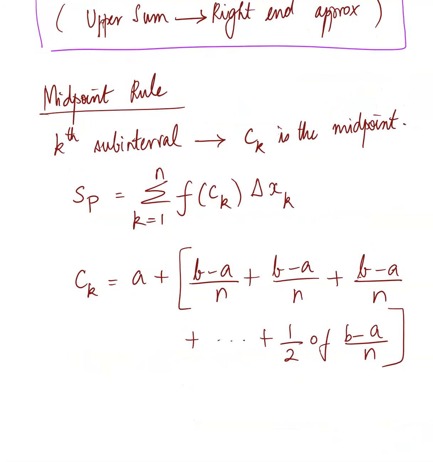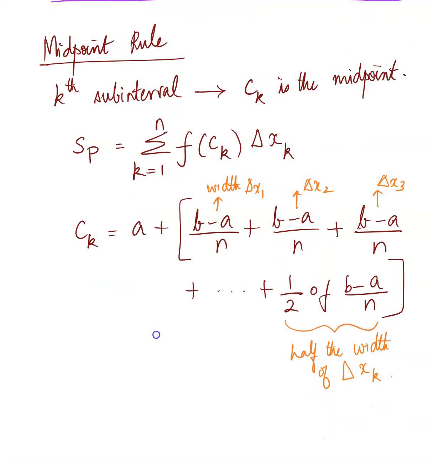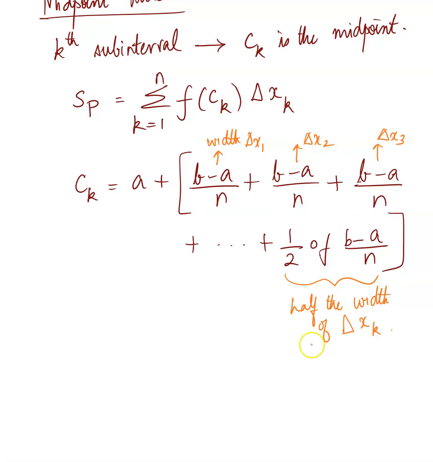So again, a quick explanation will tell us that this was the width of the first interval. This is the width of the second interval, third interval. This is half the width of the kth interval, because you only go up to the midpoint. Therefore, collectively, this will be a plus.